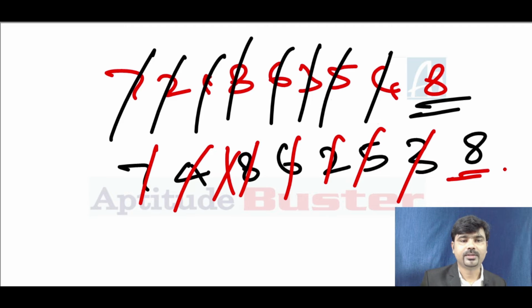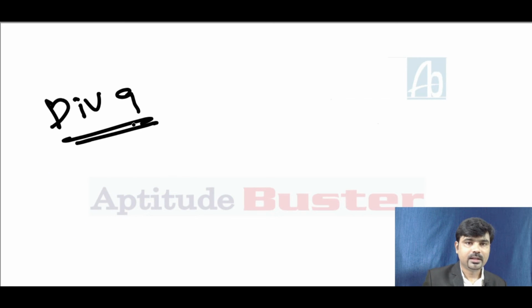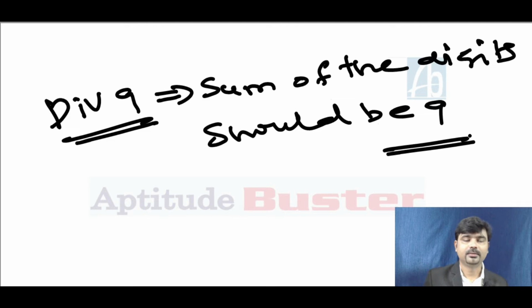So the left out is 8. Even if you rearrange, there is no change in the sum. Divisibility rule for 9: instead of saying the sum of the digits should be divisible by 9, we can say the sum of the digits would be 9. That's very simple. While adding the digits of a number, if it gives 9, then that number is divisible by 9.